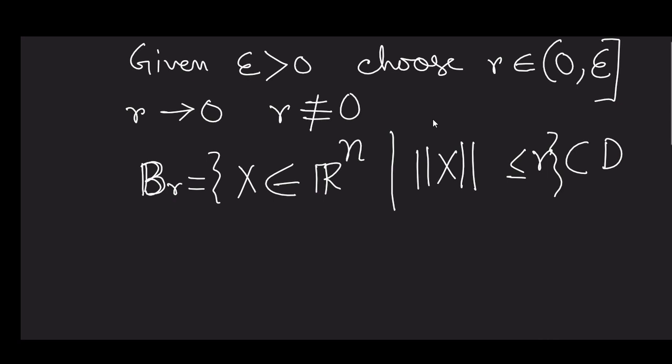So BR obviously belongs to D. The way we have defined it, there are two ways to define a ball. Here this ball is such that the outermost surface of the ball is also present. So this is a ball.